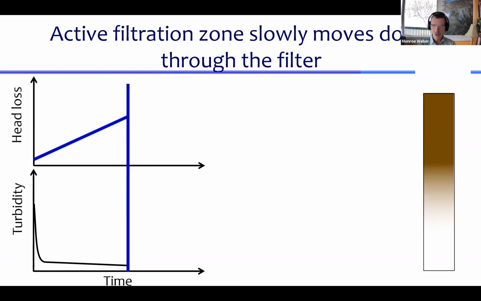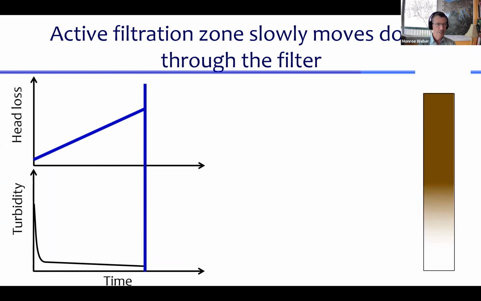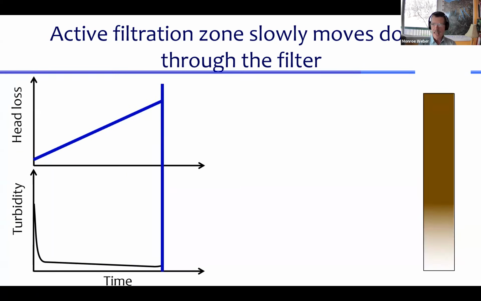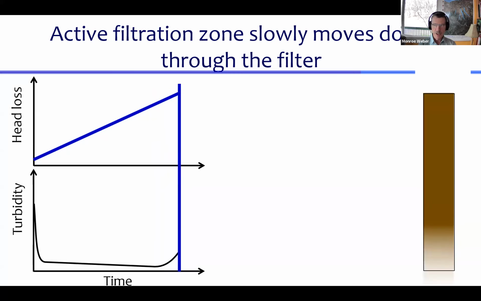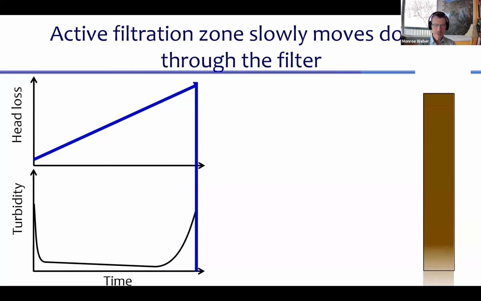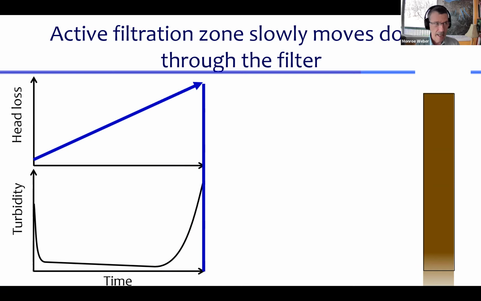And look at the brown going down through the filter. That's like showing the filter getting full. And at the end, particles start leaking out the bottom of the filter. And we see that in the turbidity going up quickly as the filter becomes full. Do you want to see that again, or did it make sense? We're good. Okay, thumbs up.